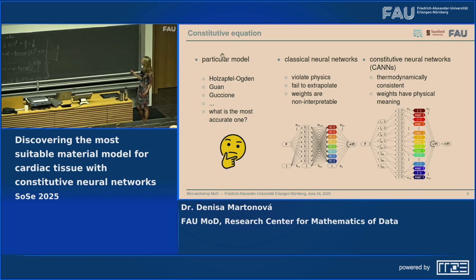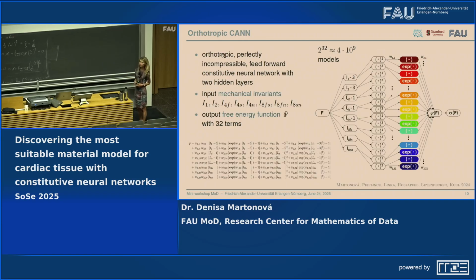So we have chosen this third option to find the best model for human myocardium, and we proceed with this. We designed such a network which is orthotropic and which already hardwires physics into it. This means that instead of the deformation being our network input, we input invariants into the network.